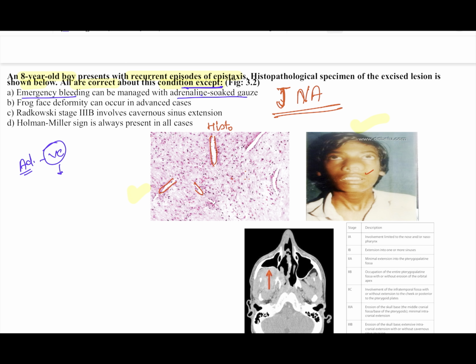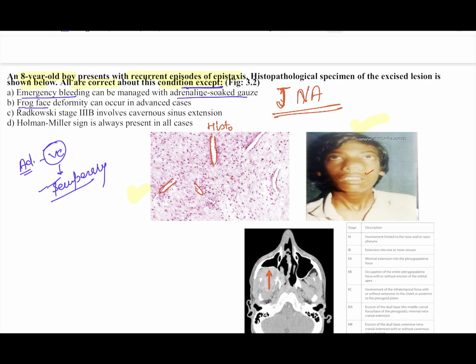So in an emergency we can give gauze soaked in adrenaline, which will provide temporary relief until you make the final decision for his treatment. Okay? Till then you can give this, but you need to take care of the hypertension.